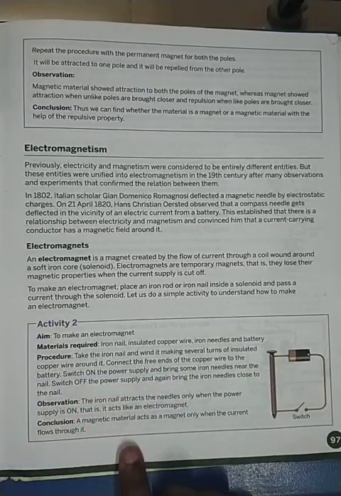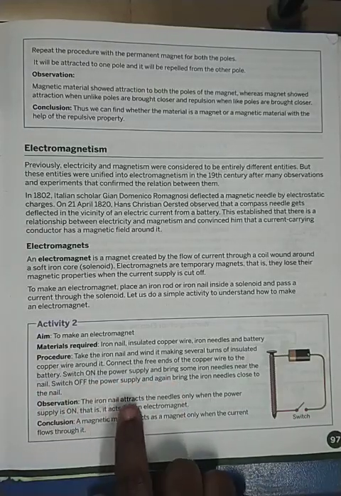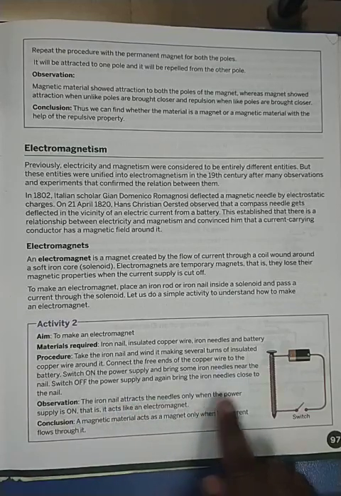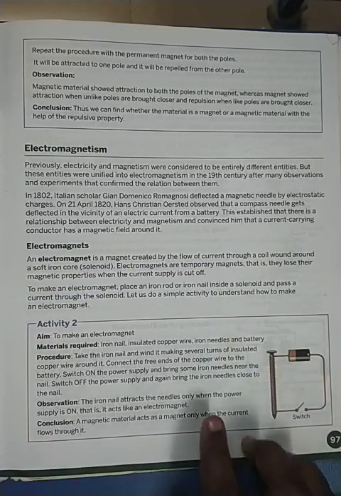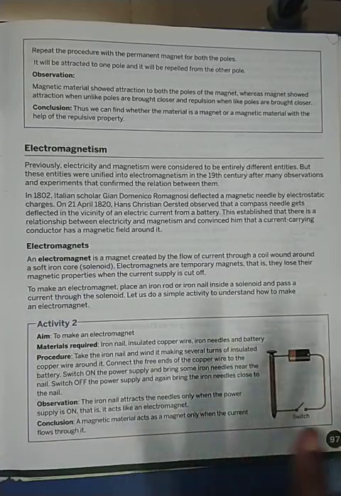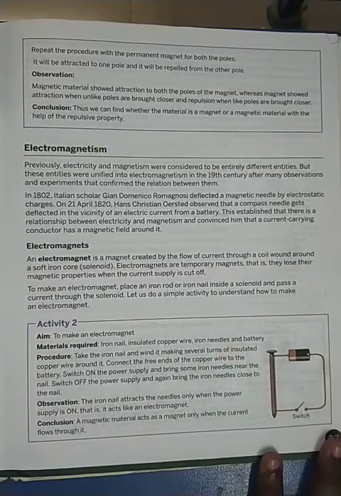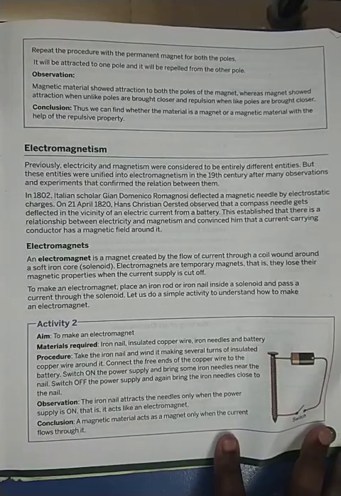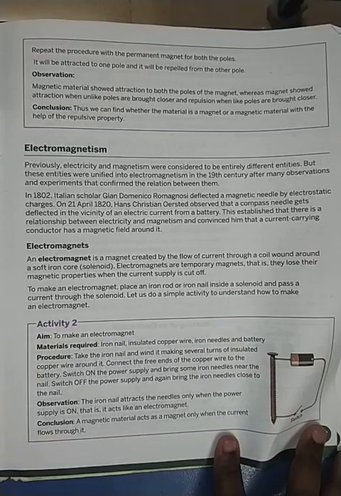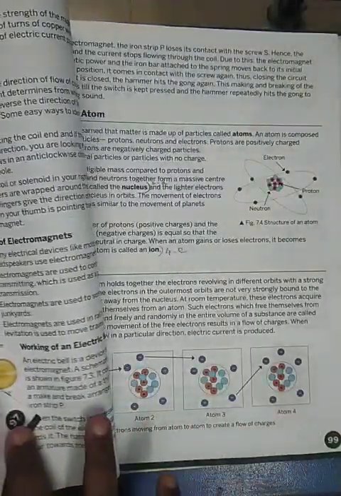What is happening? The iron nail attracts the needle. This iron nail will attract the iron particles only when the power is there. When I switch off, it will not attract. So an electromagnet is a temporary magnet which is controlled by the flow of current.